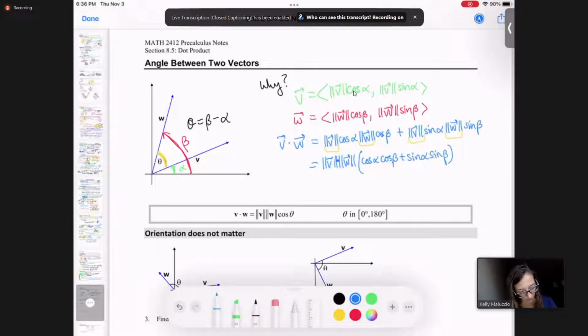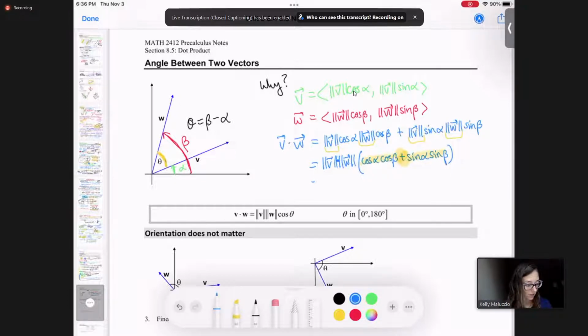Now you may not remember this, but this looks awfully familiar to something we did a long time ago, with the sum and difference of sine and cosine formulas. If you don't remember which one it is, that is okay. But when I have cosine, cosine, sine, sine, and it's plus, I know it's the opposite of this sign. So it's going to be the angle subtracted.